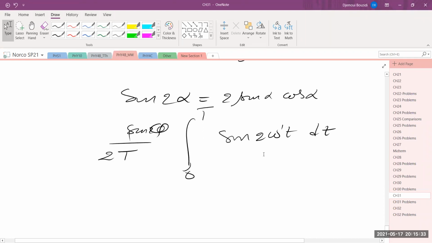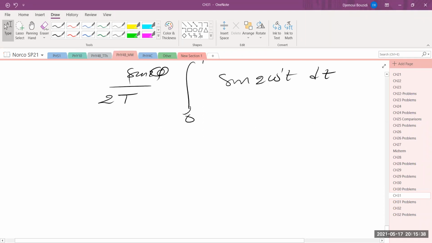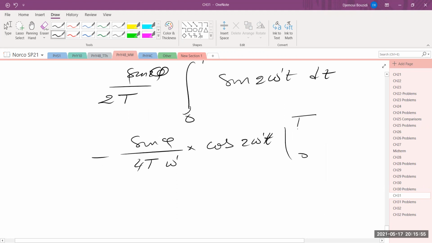Don't forget to divide by the 2 omega prime. So it's going to be negative sine of phi over 4T omega prime times the cosine of 2 omega prime t between 0 and T.